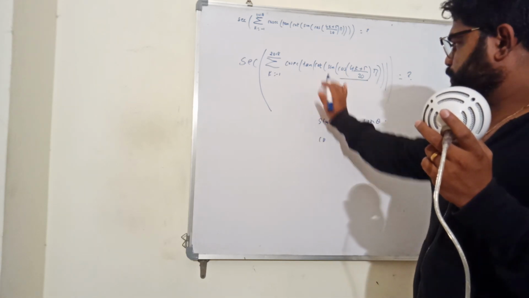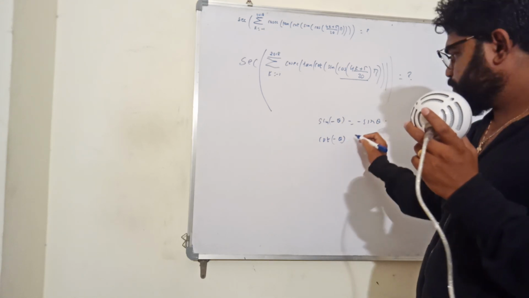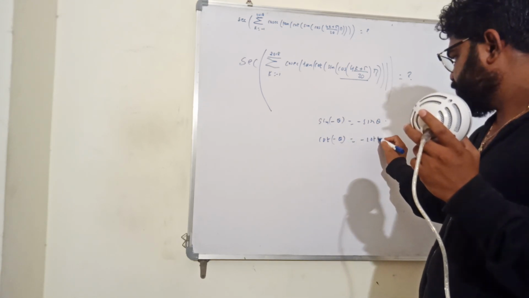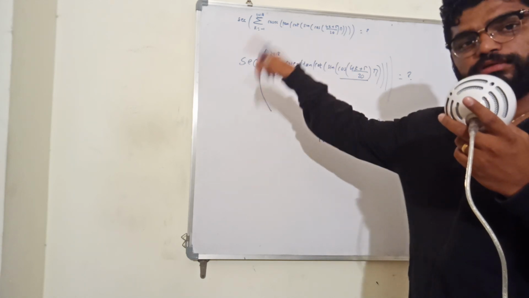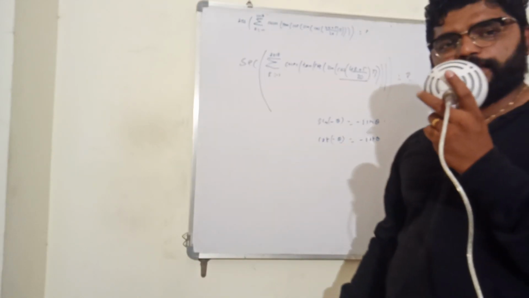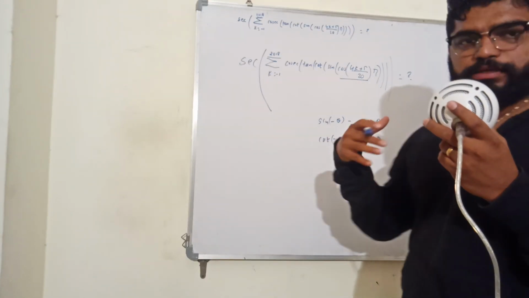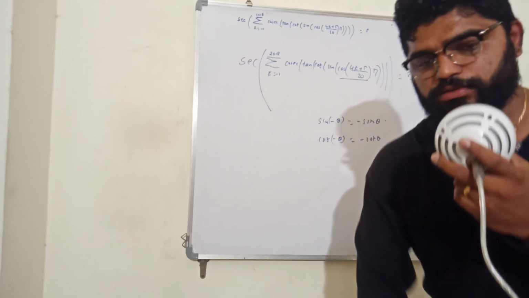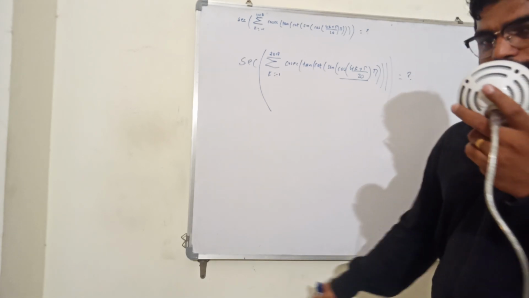When sine becomes negative, cot also becomes negative, because cot of minus theta is equal to minus cot theta. When cot becomes negative, tan also becomes negative, and cosec also becomes negative, because cosec is the inverse of sine. So sine negative, it becomes negative sine.